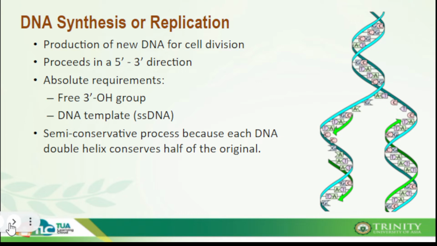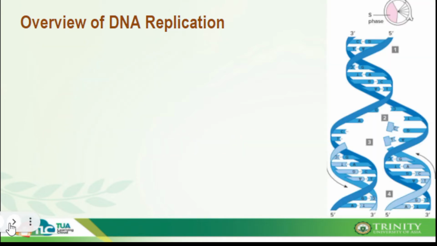Why semi-conservative? Because each DNA double helix will be able to conserve half of that original parent strand. Because there is still a part of the parent left, we call it semi-conservative process. So this is the overview of DNA replication. What happens in the entire process of DNA replication?